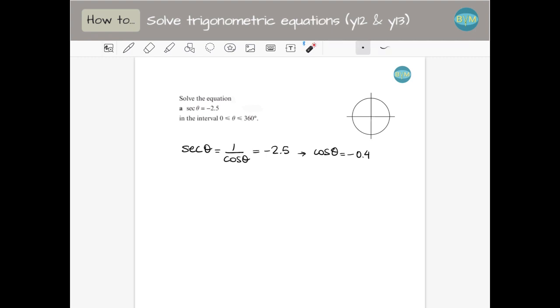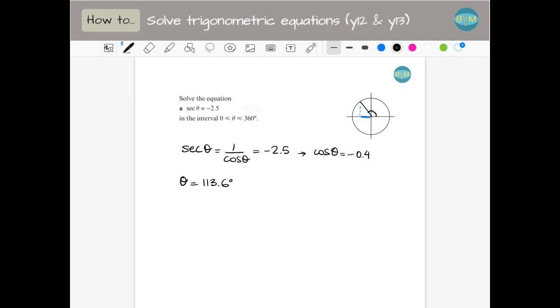So now I can do cos -1 of -0.4. If you do that, you get the first theta, which is 113.6 in degrees, is in my interval. So this is my first answer, which is somewhere greater than 90, so somewhere here. And another solution, I'm talking about cos. Cos is here.